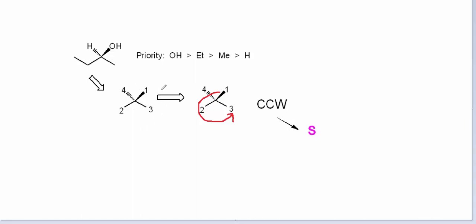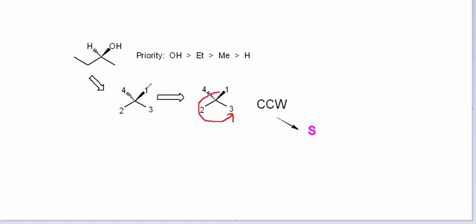As we examine this, again noting that the lowest priority hydrogen, number 4, points away from you, the viewer. Facing us are groups that are in a circle. The procedure is to find and point to the number 1 group, then move to the number 2, and then finally number 3.